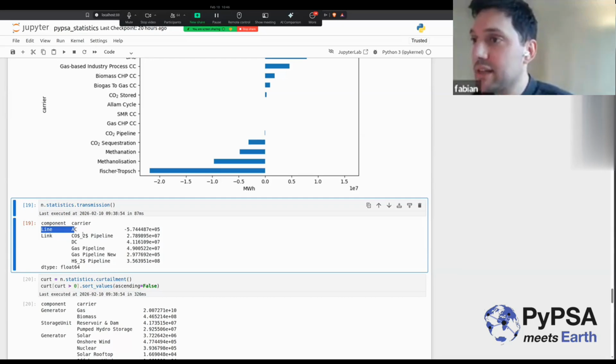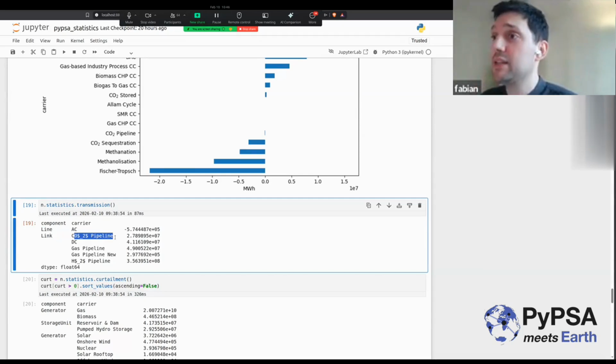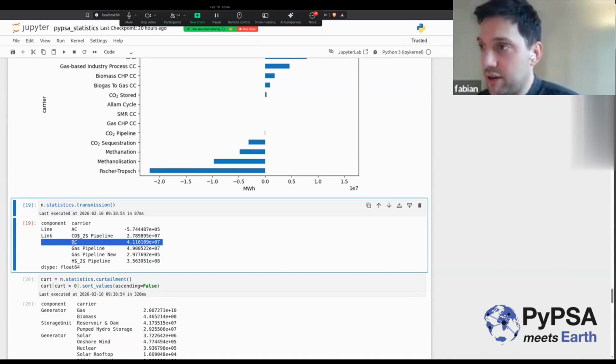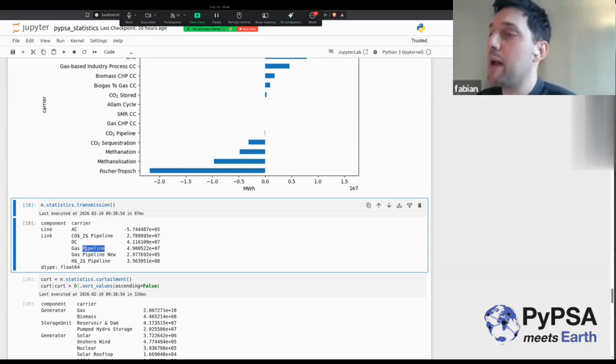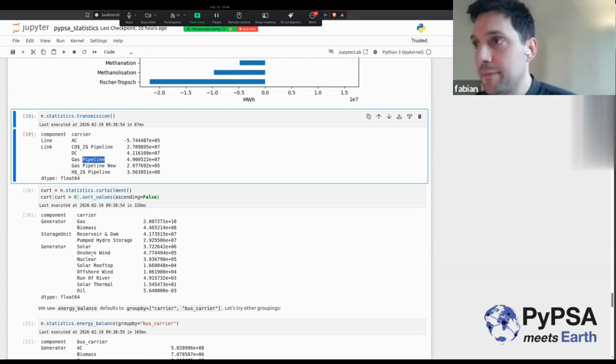And the lines have that. Other things which also show up here are the links when you transport a certain carrier. For example, here the CO2 pipeline is transporting CO2. DC links, direct current links, gas pipelines. So all the pipeline types would show up here. So it has that internal filtering of the components that are attached to a certain carrier at all the ports, or at least two ports.